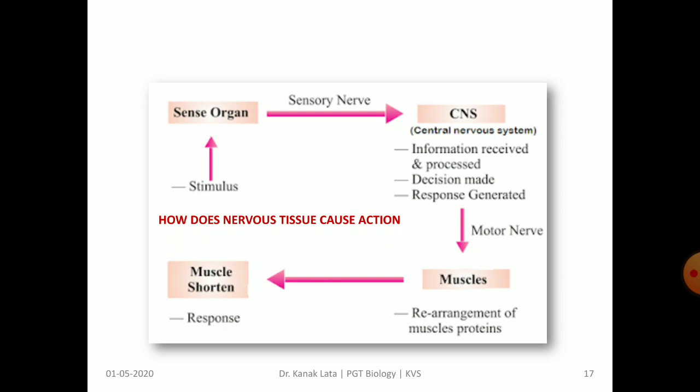After that it is passed to motor nerve and finally to muscles. In the muscles there is rearrangement of muscle protein and muscles shorten to respond. So you have seen how nervous tissue causes action.